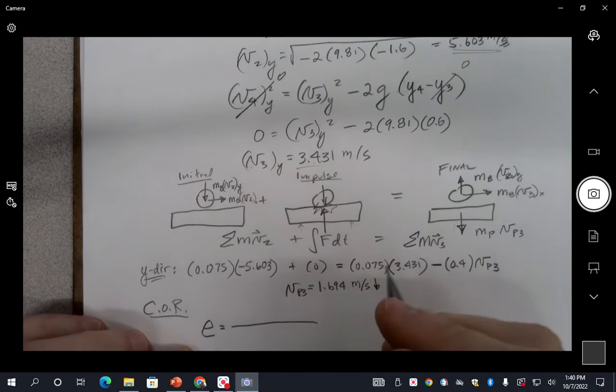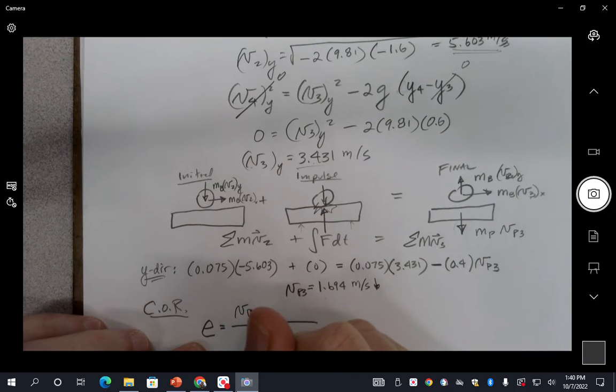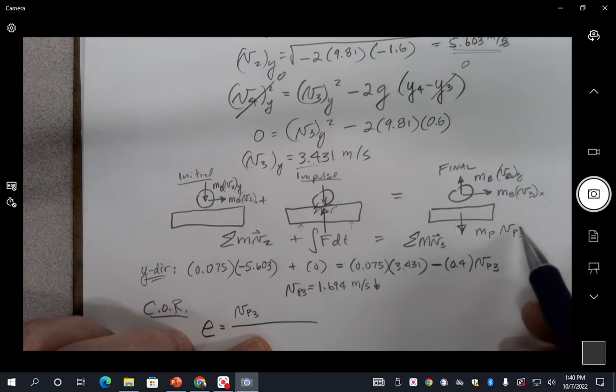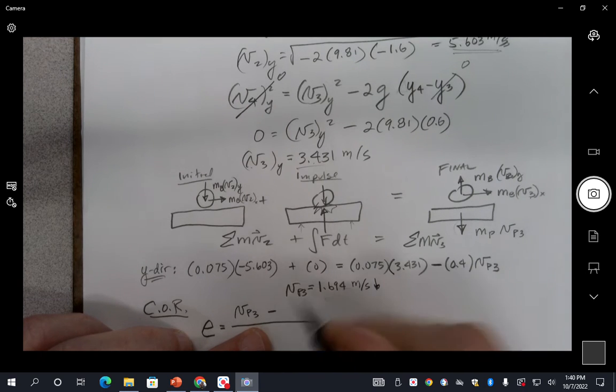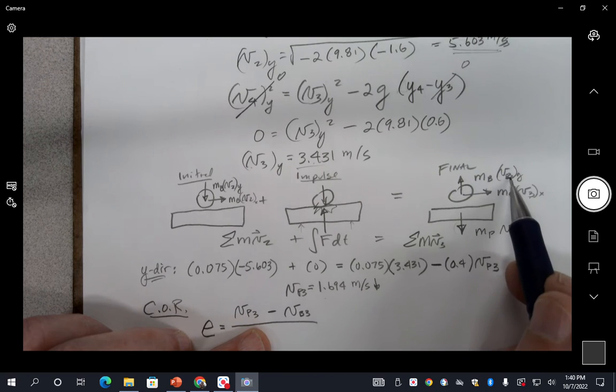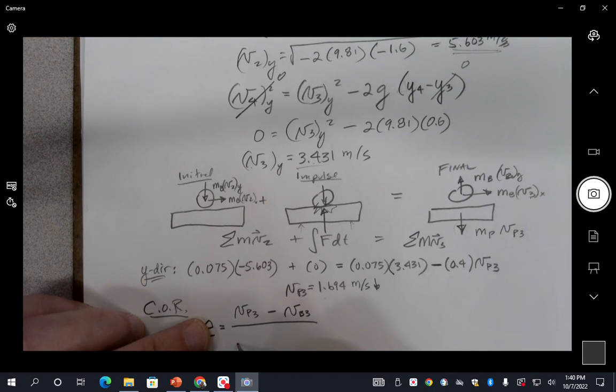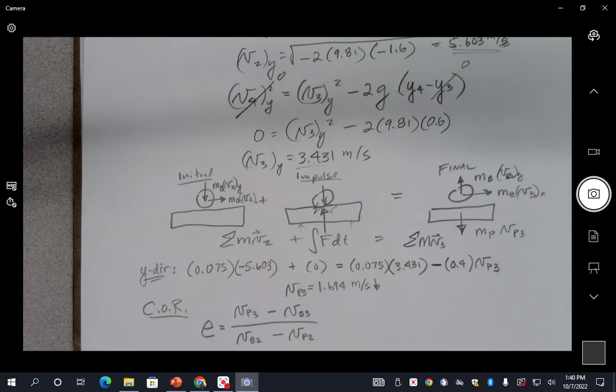So if I write this out right here, let's go VP3, so that's this guy right here. And don't change the signs yet until we put the numbers in. Minus the relative velocity here, which is going to be VB3 right there. Divided by VB2 minus VP2. So the very important thing, these guys switch positions. We're okay with that?